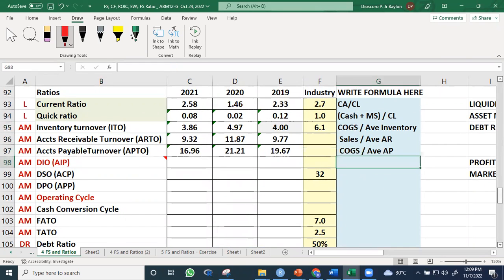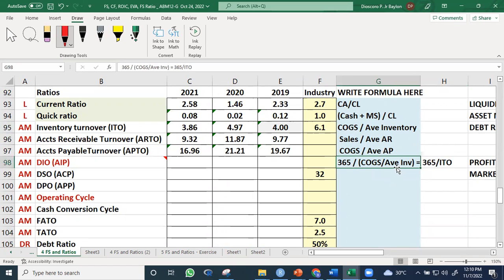So ang formula nito will be 365 divided by cost of goods sold divided by average inventory, which is equal to your 365 divided by ITO. Assuming that 365 is the number of operating days per year.